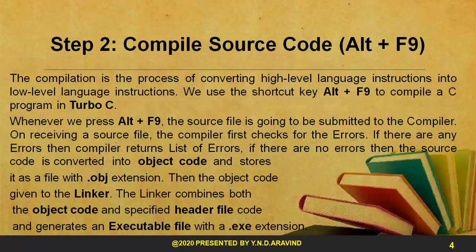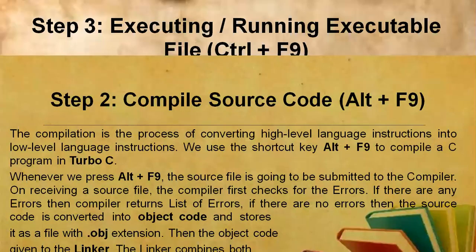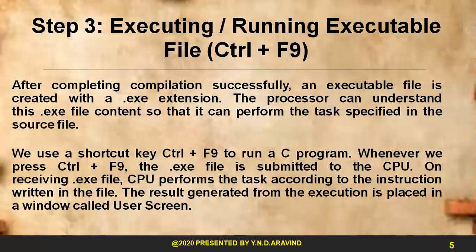And the output of the linker is an executable file with the .exe extension. The name of this executable file will be the same as the source file, differing only in its extension. Then once the compilation is completed, we need to execute it.